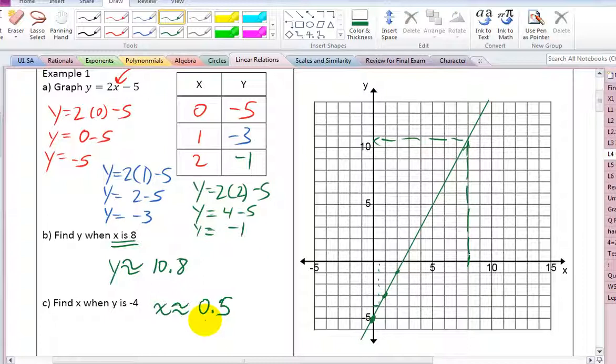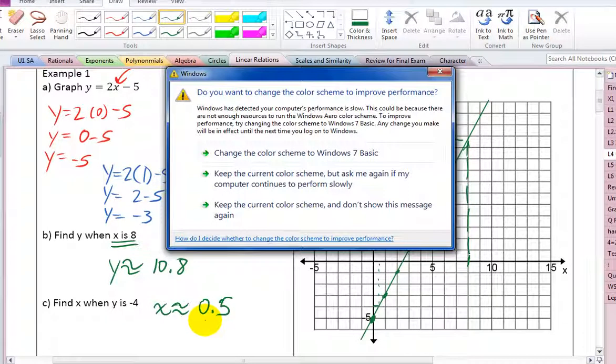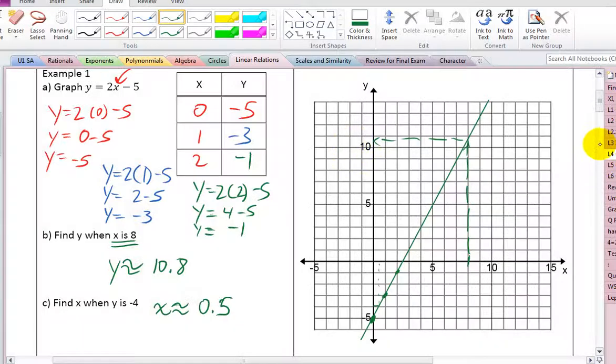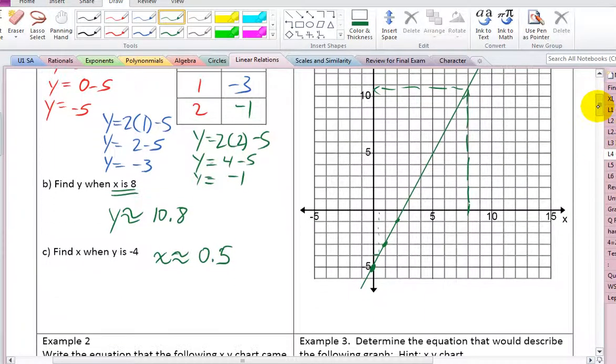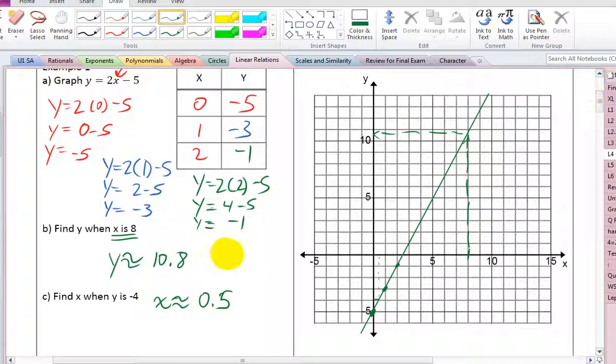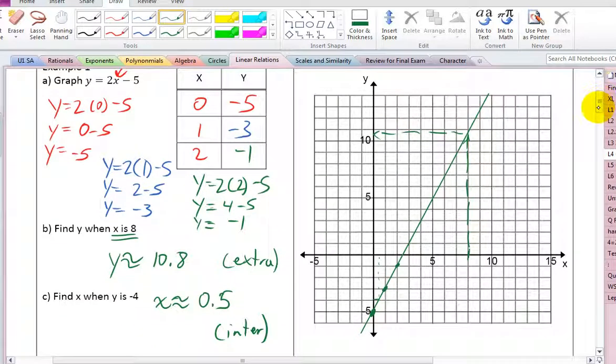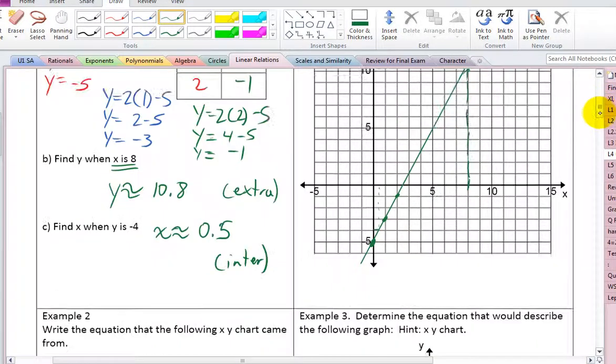What's B? B is extra. And what is C? Inter, because it's in between the points. So this would be an example of extrapolating. This is an example of interpolating. It's from yesterday's notes. Any questions? Okay, next.